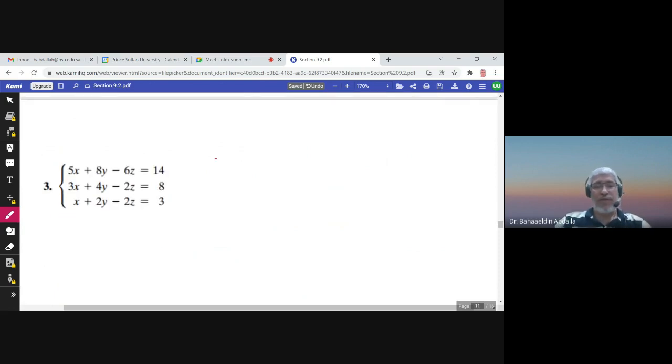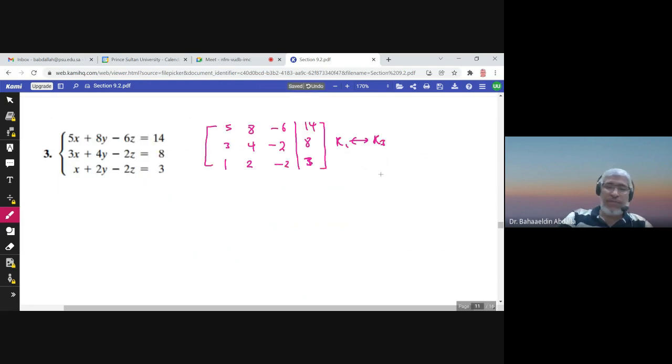Another exercise. Again, I will interchange row 1 with row 3 because I need 1 in the first row, first column.